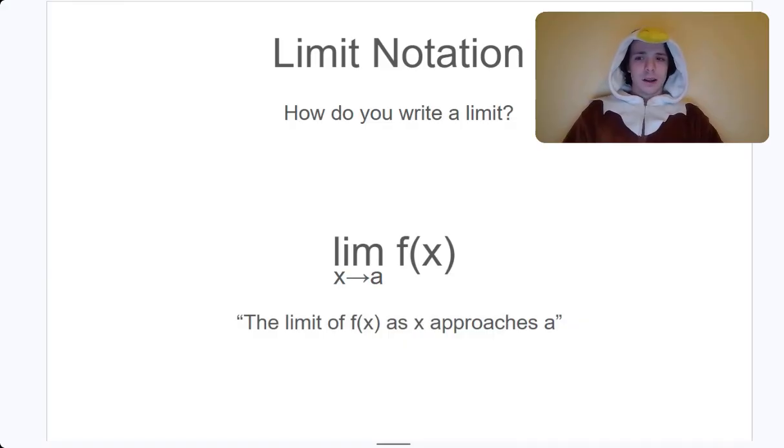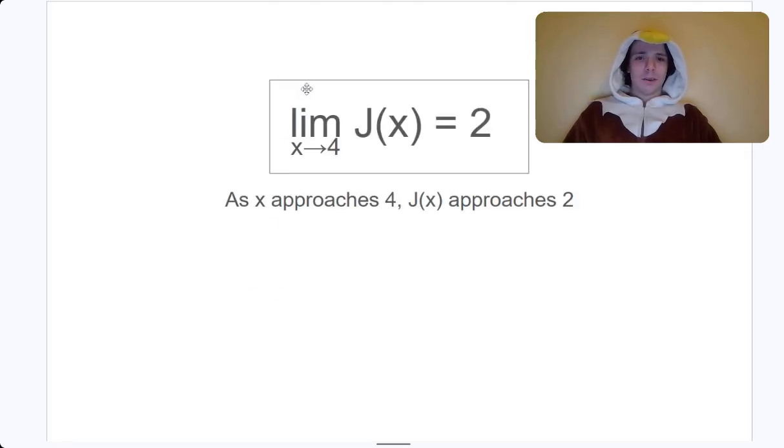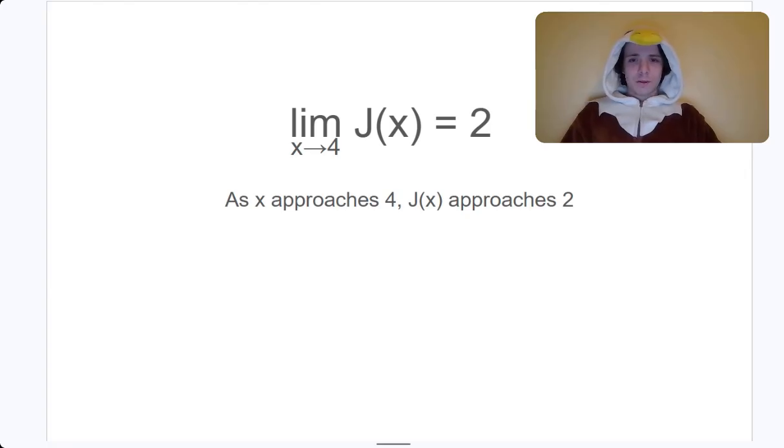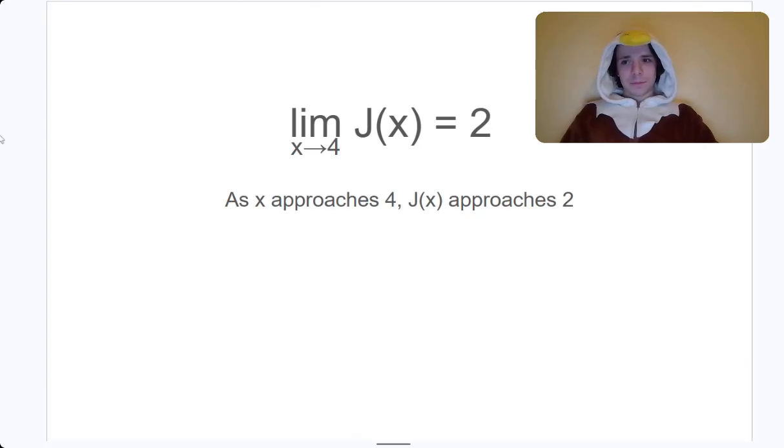And in our case, we have j of x, and we're approaching 2, so the limit as x approaches 4 of j of x is 2. So that's how you describe a limit.